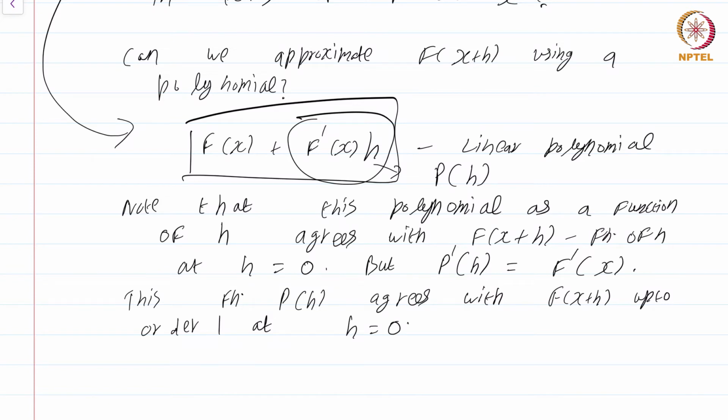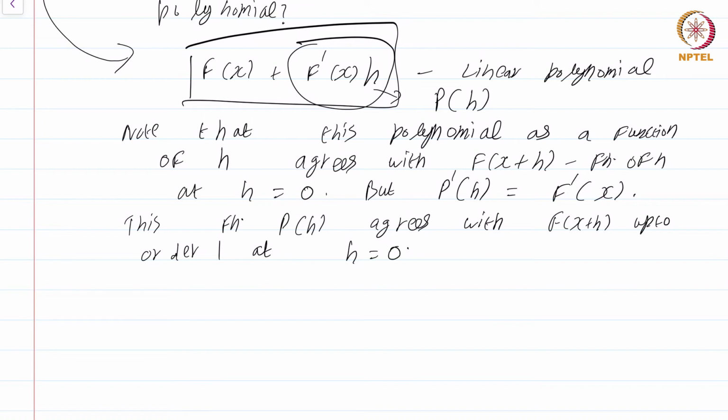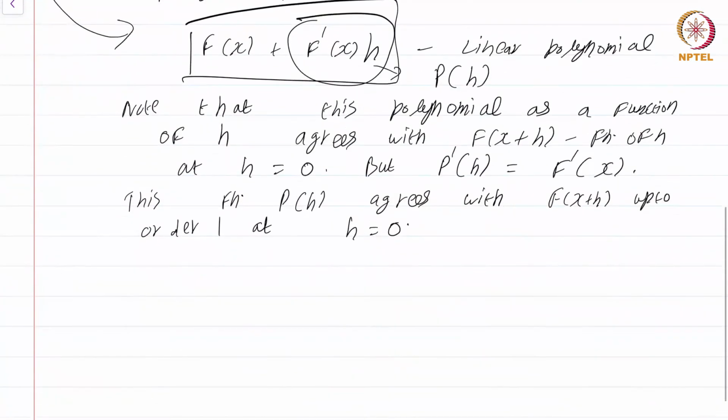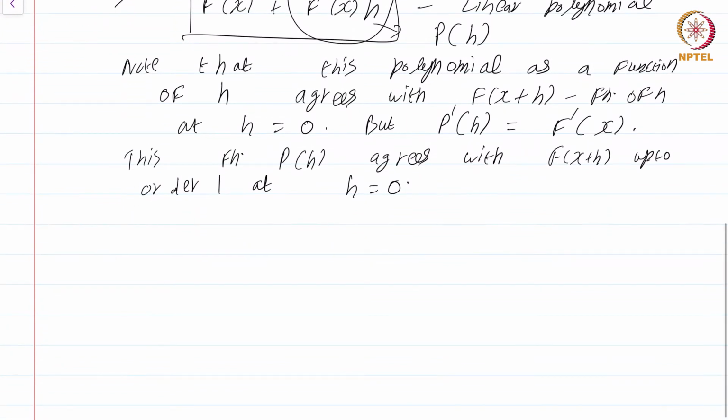Now we want to produce a polynomial that agrees with f at the point h equal to 0, not just till order 1 but till order k or k plus 1 or whatnot. Here we are assuming f is k times differentiable, so up till order k. Okay, so how would you do that?